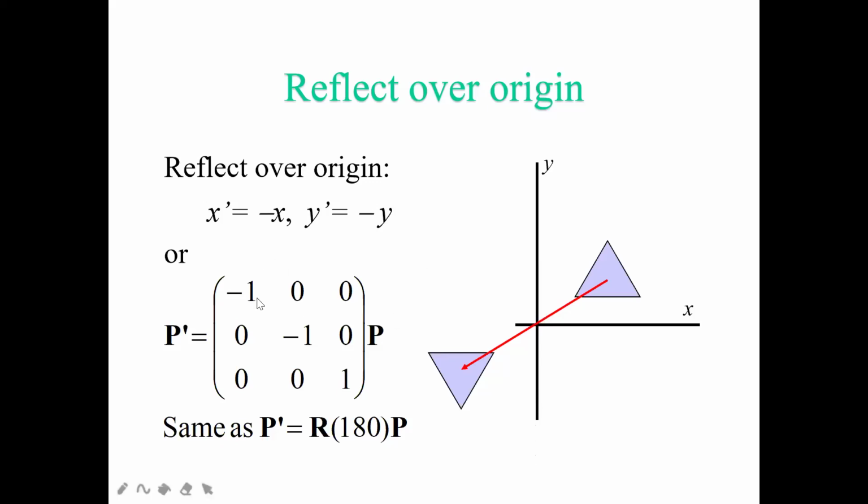In your P dash, the x coordinate value will be minus 1, the y coordinate value will be minus 1, and the z coordinate value will be as usual, that is the homogeneous coordinate. So how can we write it? Here you can see, as it has been translated along a proper straight line, you can consider the theta value as 180 degrees. So here, instead of theta, 180 degrees has been written. So this is known as your reflection over the origin.